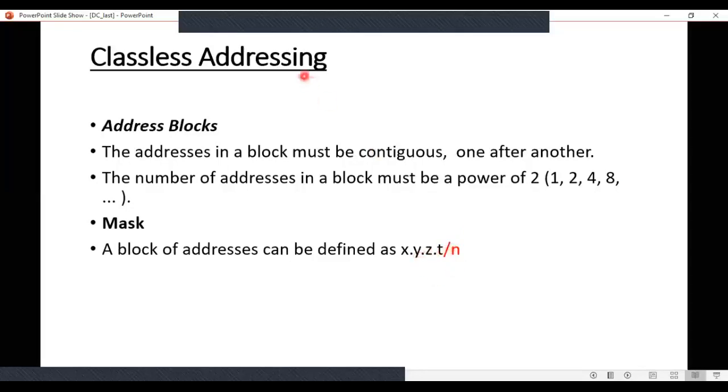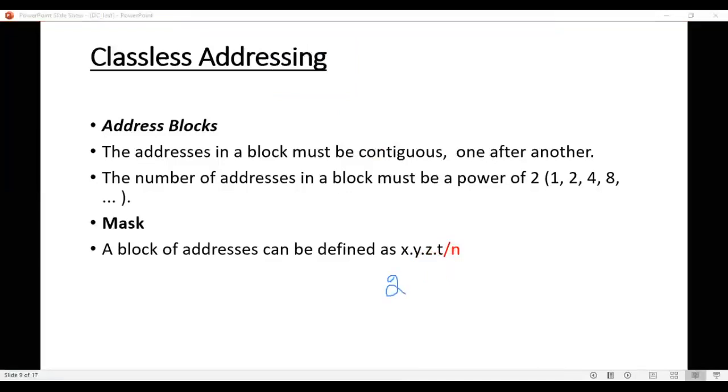Let me give one example. For example, consider one address, 205.16.37.39/28.